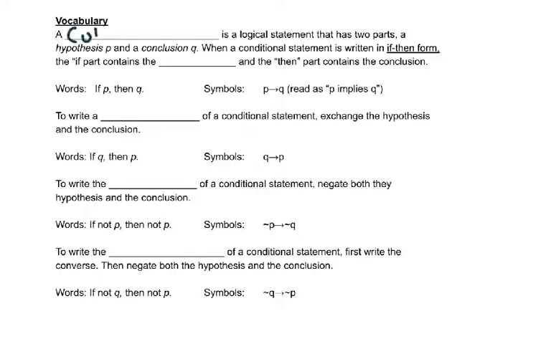A conditional statement is a logical statement that has two parts, a hypothesis, P, and a conclusion, Q. When a conditional statement is written in the if-then form, the if part contains the hypothesis, and the then part contains the conclusion.